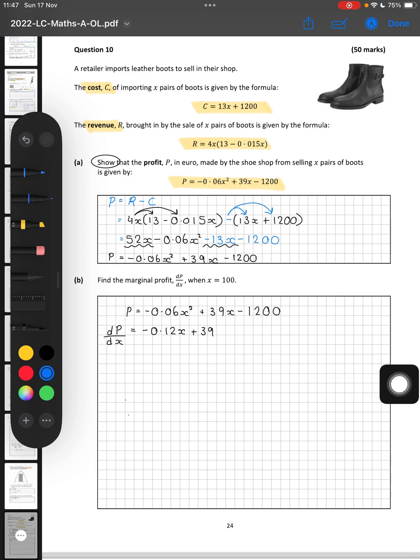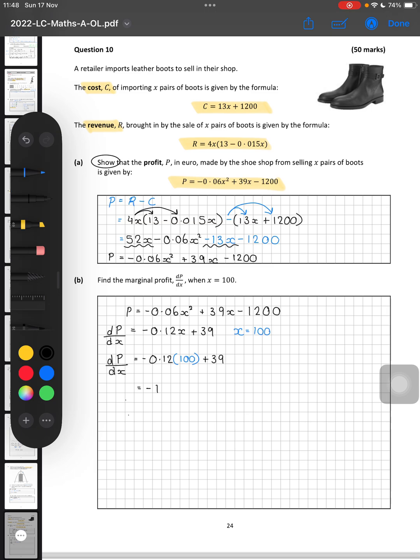So they have asked me now to fill in that x is 100 into that first derivative. So dp dx when x is 100 is minus 0.12, and it was multiplying the x, so now it's multiplying 100, plus 39.